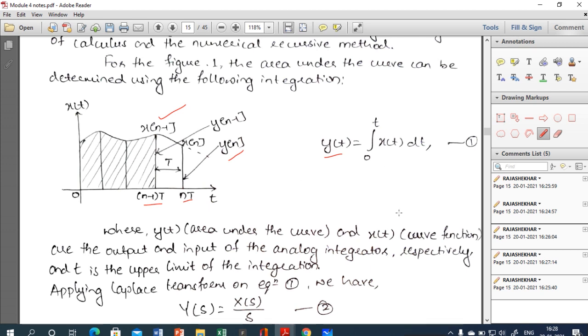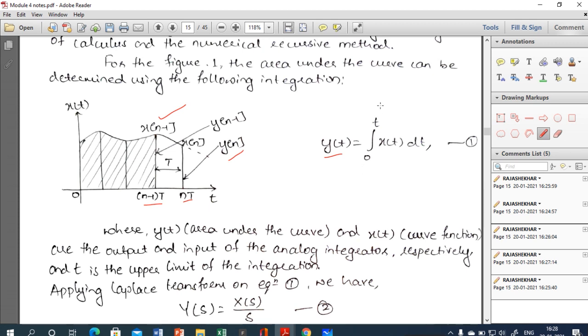Now let us apply the Laplace transform here. When I apply the Laplace transform to the given function, the integration from 0 to t of x of t becomes x of s divided by s. This is how the Laplace transform is done. x of t becomes x of s, because s is the variable used in the Laplace transform.